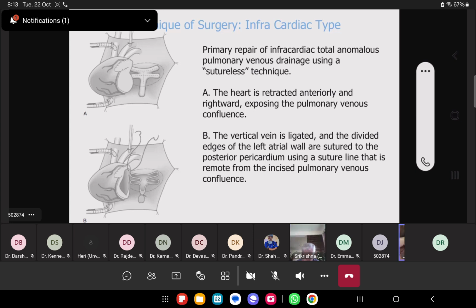Then the other thing, when you classify, the old surgeons most often expect you to say the Darling classification. Type 1 supracardiac, type 2 cardiac, type 3 infracardiac, and type 4 mixed.